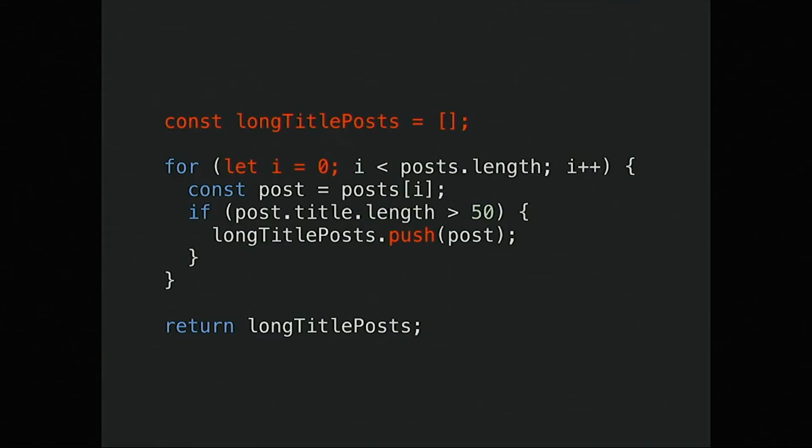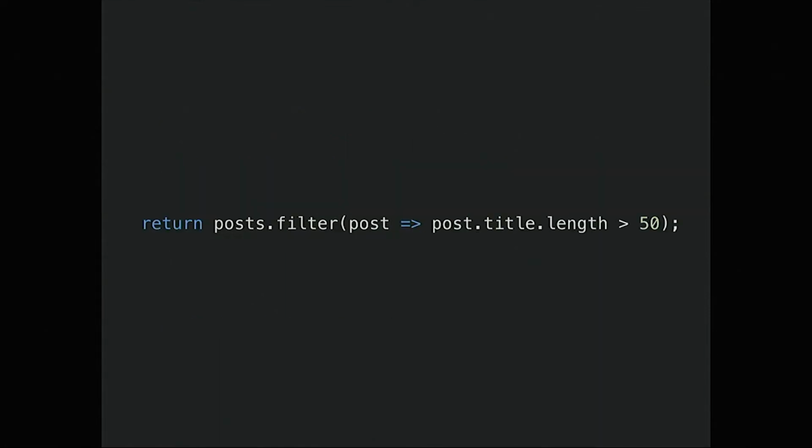Of course we can. With functional programming, the same functionality can be implemented with just a single line. I think it's pretty cool. So what's happening here is that we call a native array method called filter. And we pass to it another function.